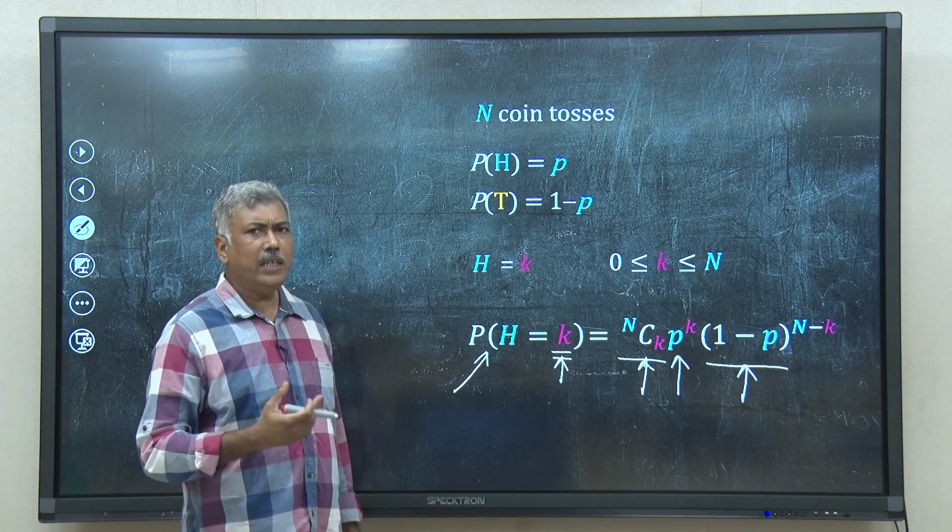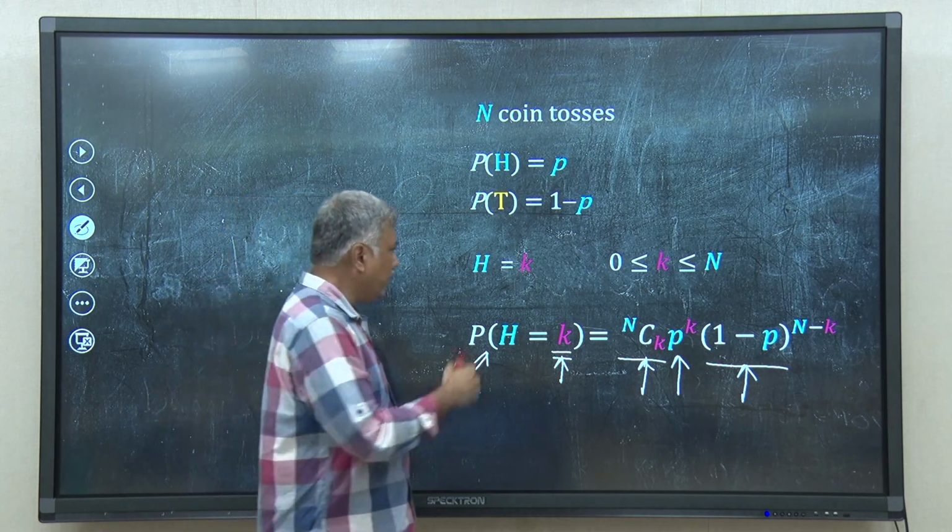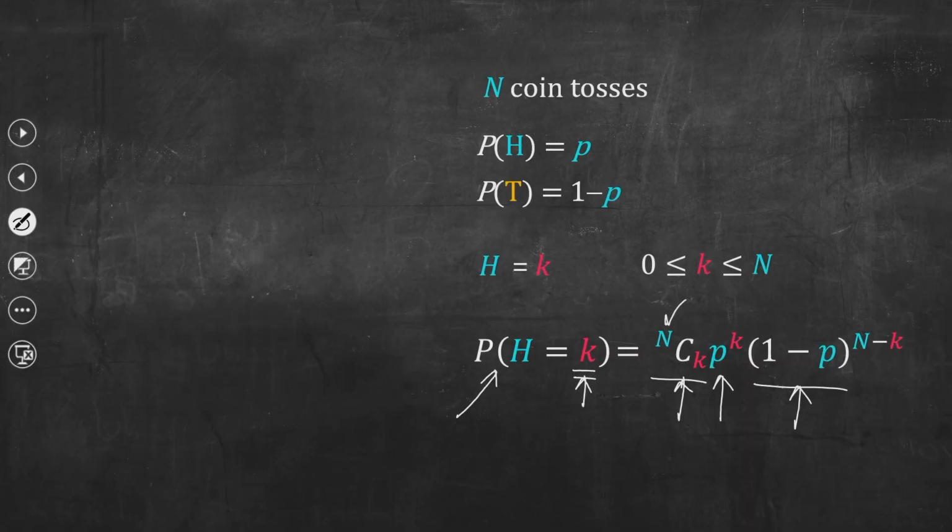You can easily identify the similarity to what we just derived one slide back. So, in the earlier example, n was 4, k was 2, and this p was what we were writing as probability of head, and this one is nothing but probability of tail.